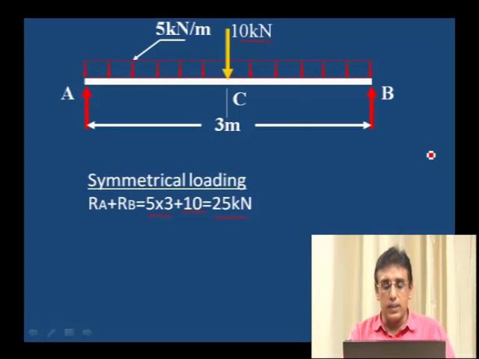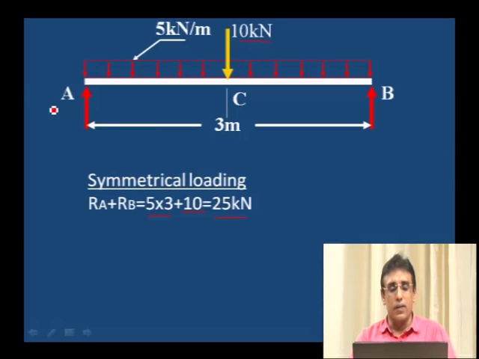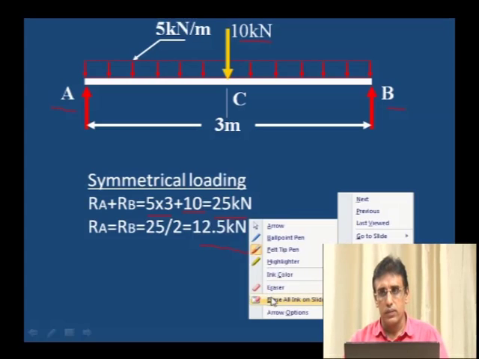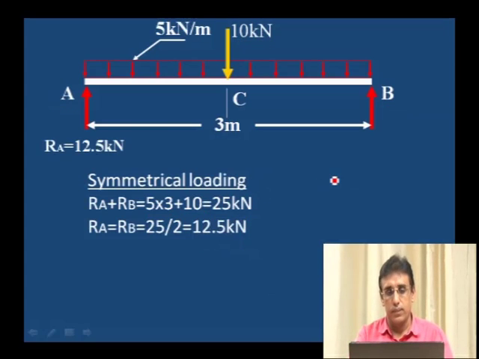As already explained in previous sessions, if it is symmetrical loading, RA plus RB will be equal to the downward load and also RA and RB will be equal. Therefore, RA is equal to RB, that is 25 divided by 2, 12.5 kilonewton.